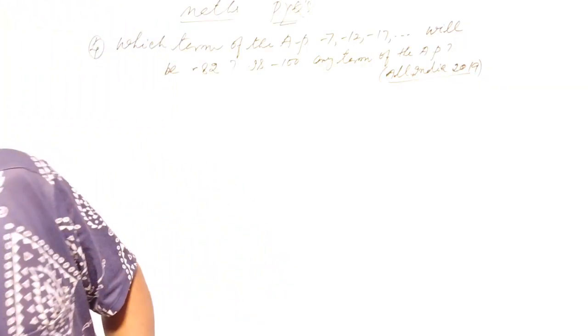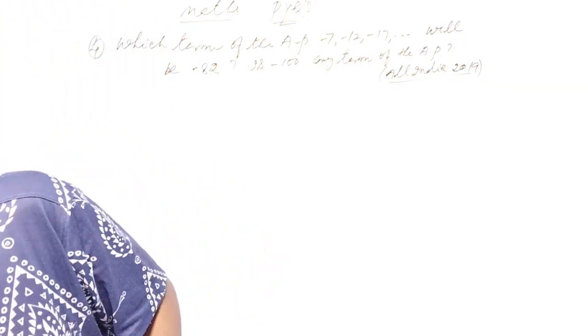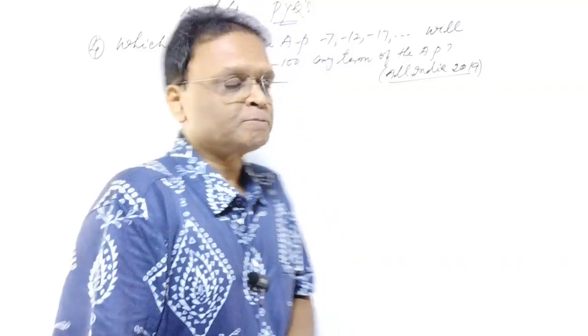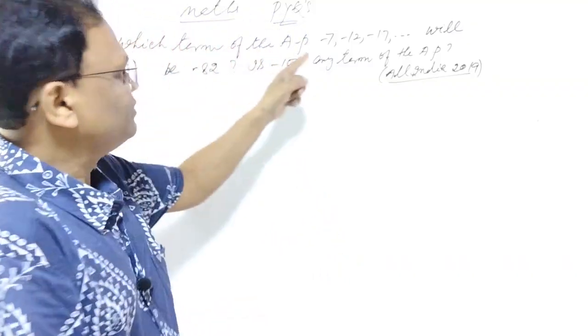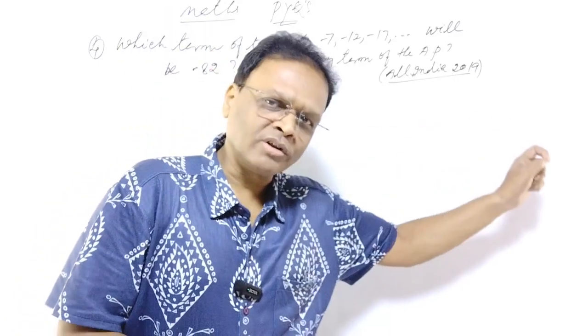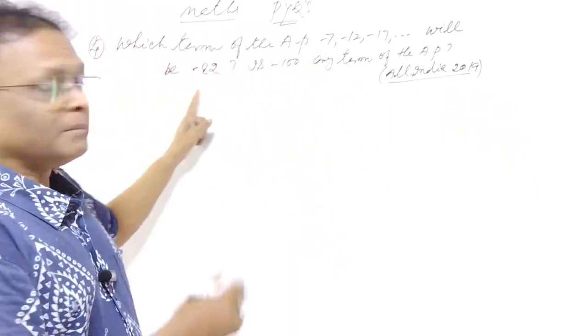What is it asking? Which term of the AP minus 7, minus 12, minus 17 and so on, will be minus 82?